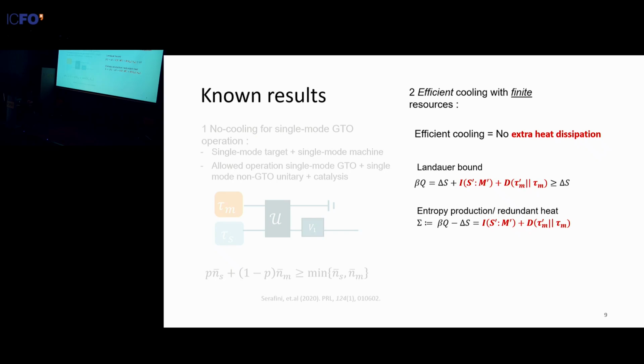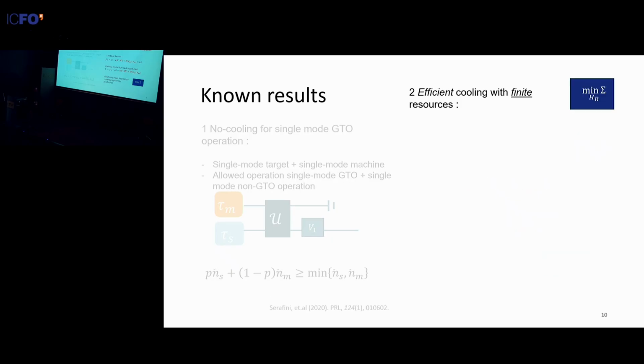But if your ancillary system is correlated with your system, it actually generates heat. Or if your cooling protocol changes your marginal state after the cooling operation, this also generates heat. When you add them up together, this is how I quantify the extra heat dissipation. And efficient cooling means you want to minimize this heat dissipation.